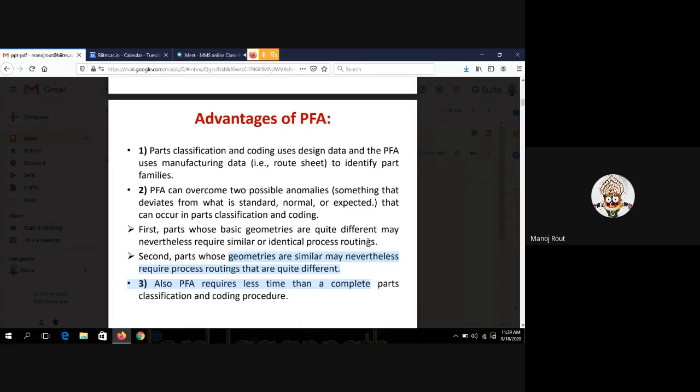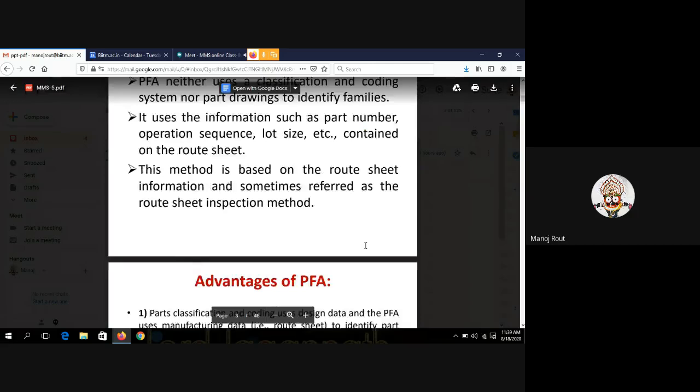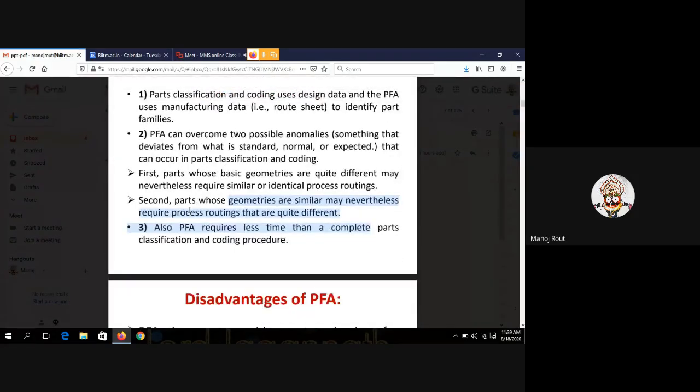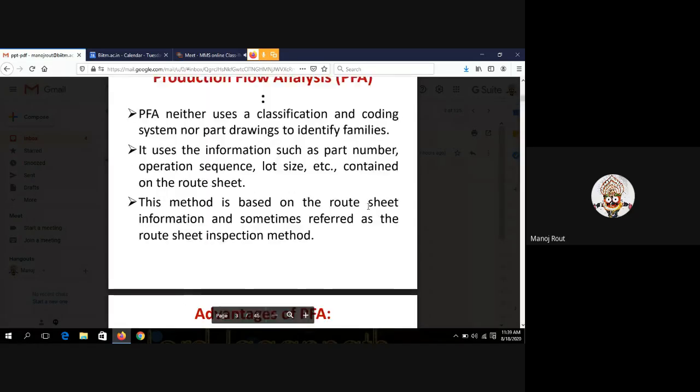So if you go to the first part, whose basic geometries are quite different, may nevertheless require similar or identical process routing. And the second part is that the parts whose geometries are similar may nevertheless require process routing that is quite different.